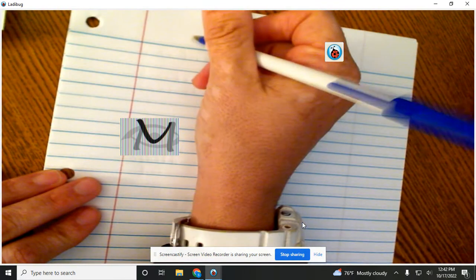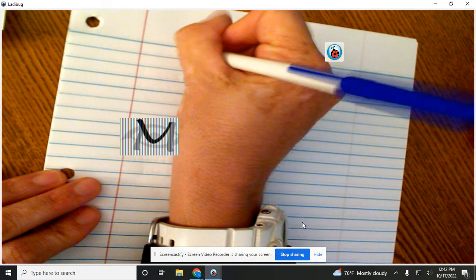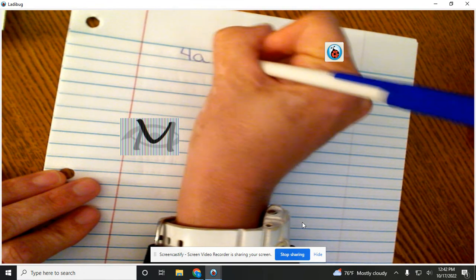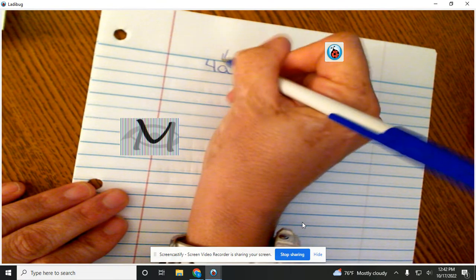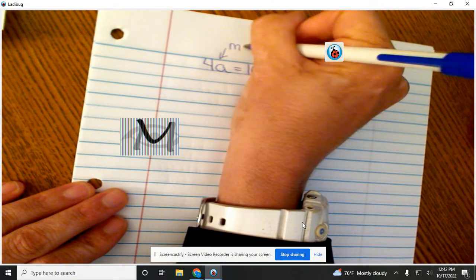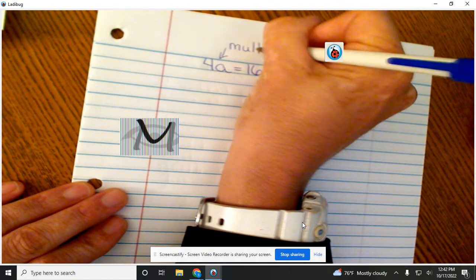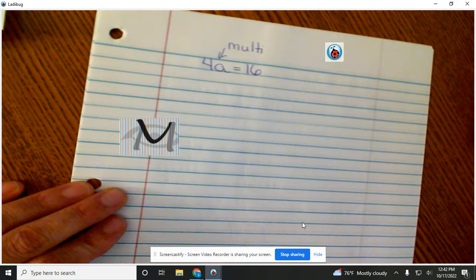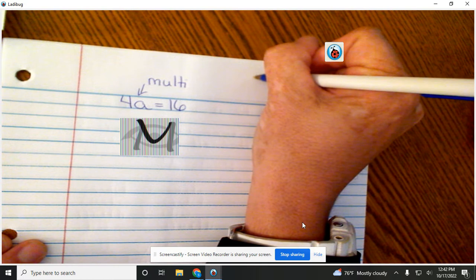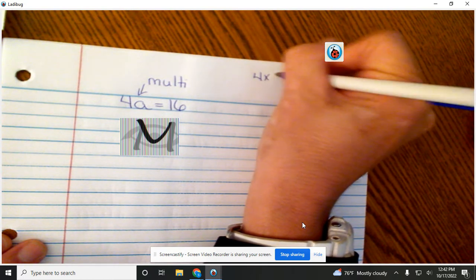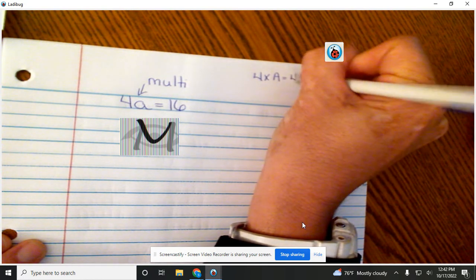So if I have 4a equals 16, this guy right here tells me I'm going to multiply. Because remember, if you were to see something like 4 times a, that would give you 4a.